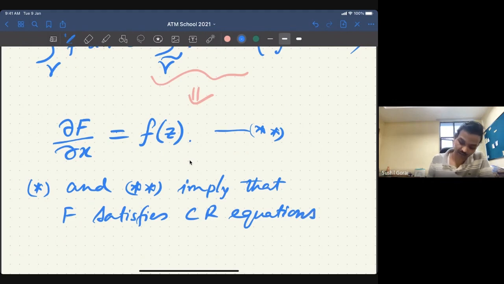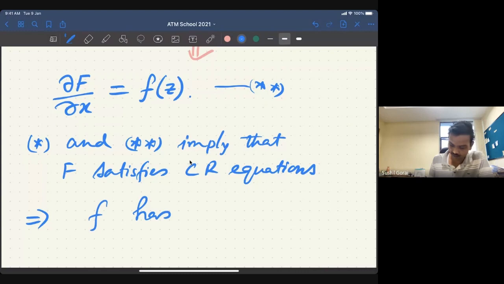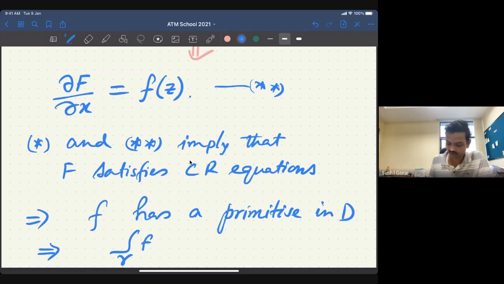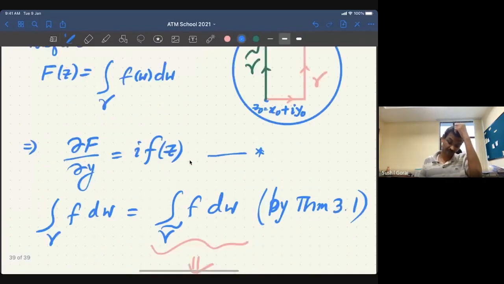That's what I showed you, and this implies f has a primitive in D, and then this would imply integration over gamma of f dz is 0 for every closed curve in D. Is this fine?